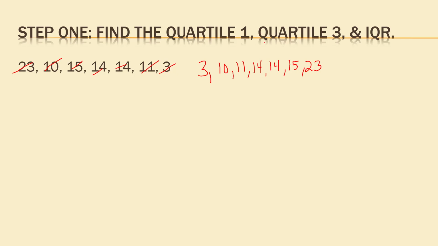In order to find quartile 1, we need to first know the median. I have 1, 2, 3, 4, 5, 6, 7 terms. 7 divided by 2 is 3.5, so I need 3 terms on one side of the median and 3 terms on the other side, and my median falls in the middle.